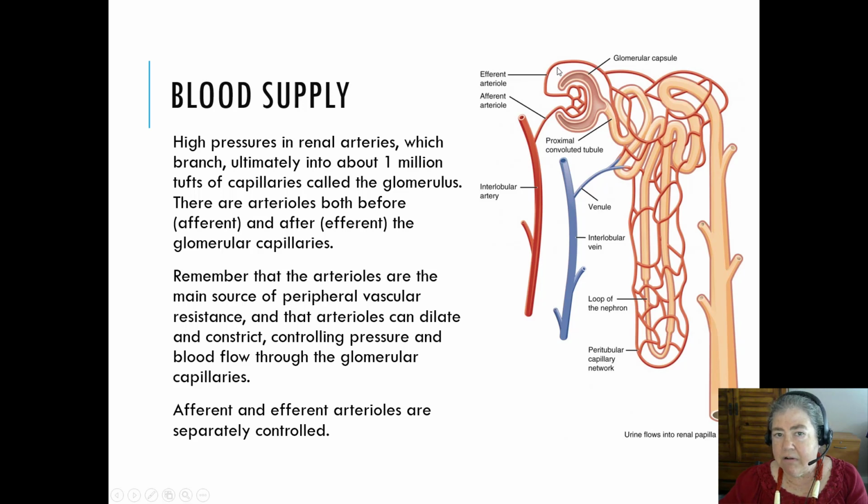If the efferent arteriole constricts, then higher pressures. And they're being acted upon by different things at the same time to create the proper amount of resistance and pressure in the glomerulus. And we'll talk about why in a couple of minutes. But blood flow and pressure in the glomerulus is controlled by the dilation and constriction of the afferent and efferent arterioles.